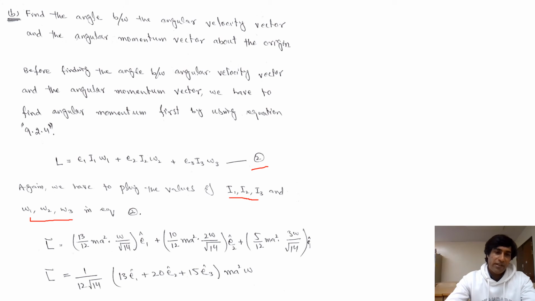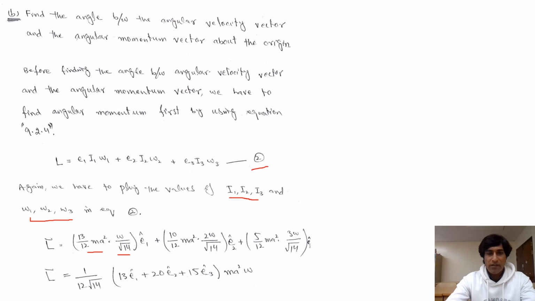After plugging the values, you can see the angular momentum is equal to 13 divided by 12 ma square, which is the value of I1, times omega divided by square root of 14, which is the value of omega 1, into E1 unit vector.